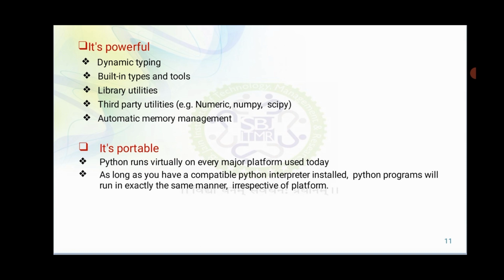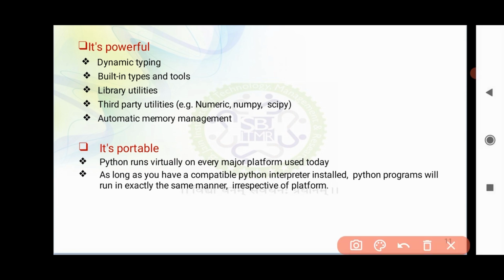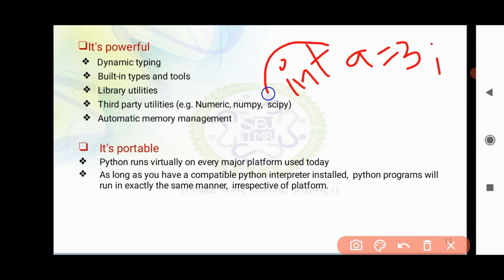So what exactly does it mean? This thing we have already discussed earlier when we saw the difference between C language and Python. If you have to declare any variable in C language, you have to write down the type of the variable, like int a = 3 and a semicolon. But coming to Python, there is no need to write the type of the variable, as we have seen already.